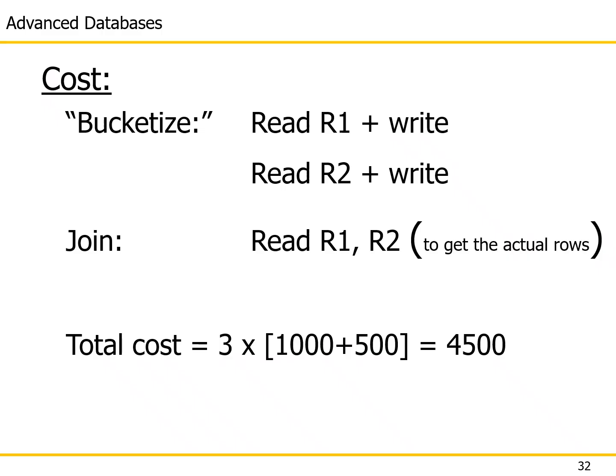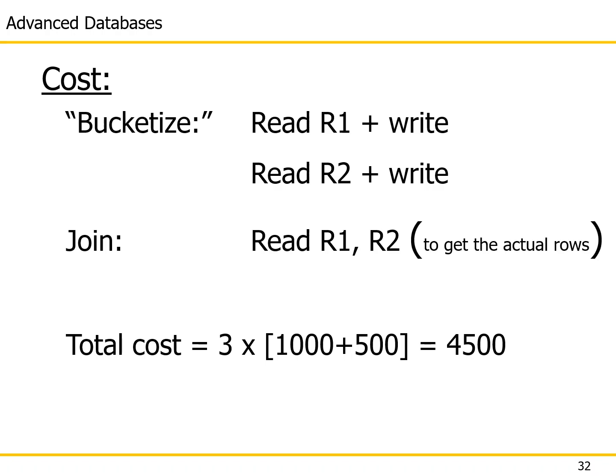So if we think about the performance of this approach in terms of the number of IOs, we're reading all of R1, which is 1000 pages. That's paying 1000 IOs, 1 IO per page, and then we will write the buckets to disk, because if R1 is too big to fit in memory, most likely the hash table is not going to fit in memory either, so we're going to write it back to disk.